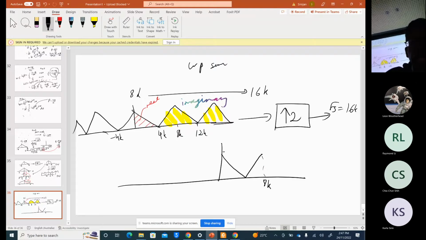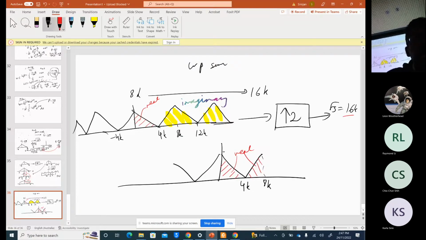As I told you earlier, this is the real one, but this is also real in this case. Why? Because FS is 16, so 8 is 16 by 2. So this is the real part area.